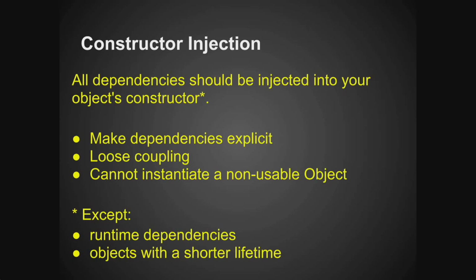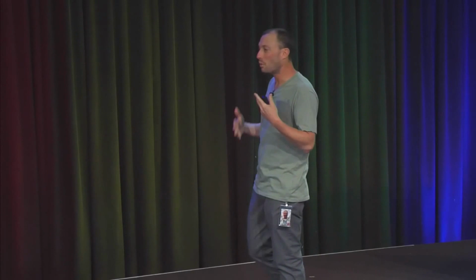You can't create an object that's half created, and then later on you need to remember to call an init method or set something else up. You can't even get this object at all until you've passed in all of its dependencies in the constructor. This also gives us this nice loose coupling that everyone agrees is a great idea. That lets us swap out implementations at runtime or whenever you need to.